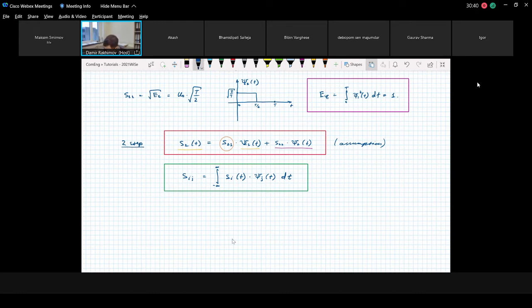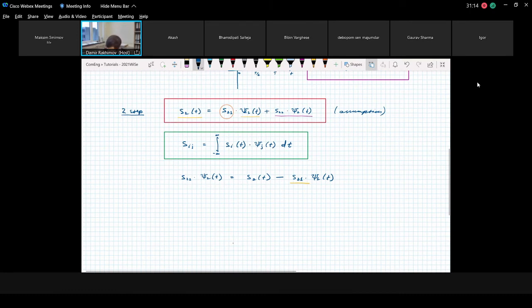Actually, we're going to find the product S22 times psi2 of t as the difference between the second signal minus S21 times the first basis function. In order to find this weighted version of the second basis function, we need to calculate the difference on the right side. But for this difference, we don't know the scalar S21. And now we're going to find this scalar.